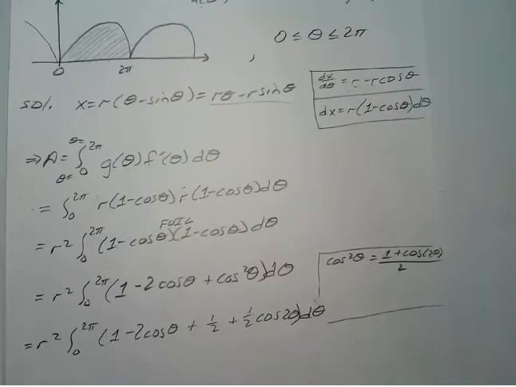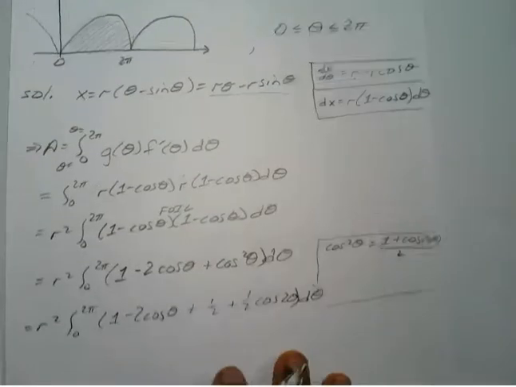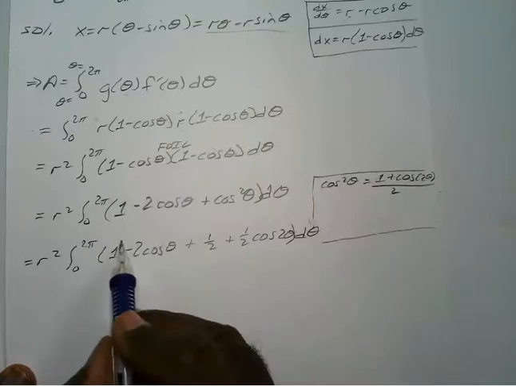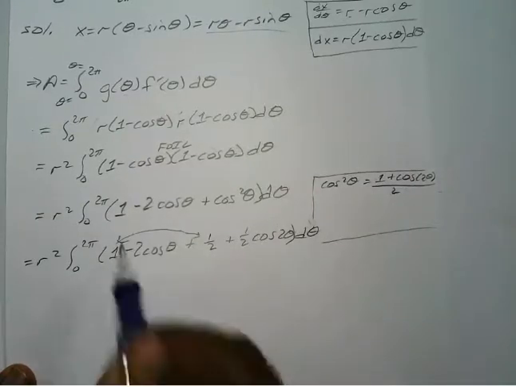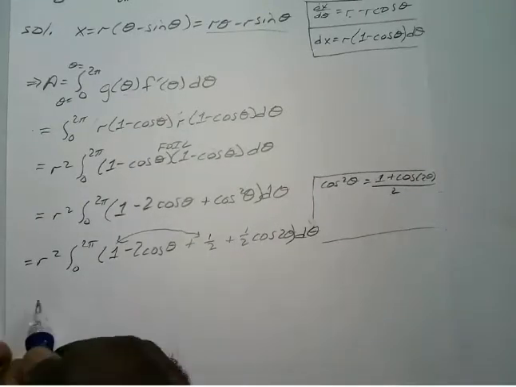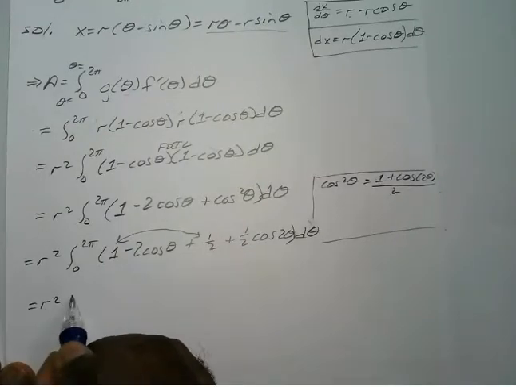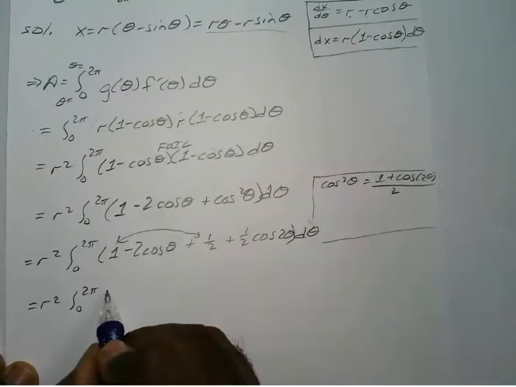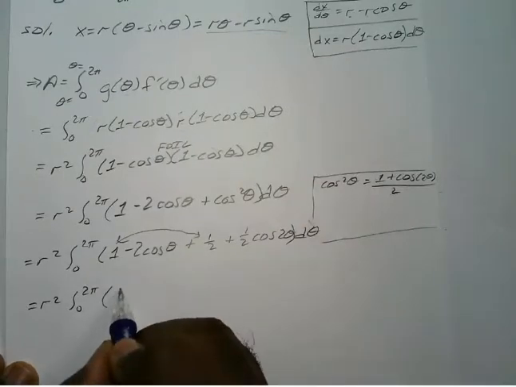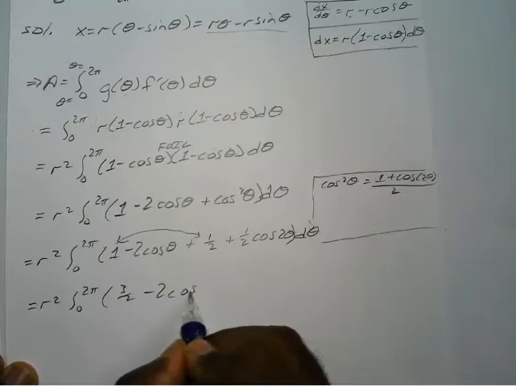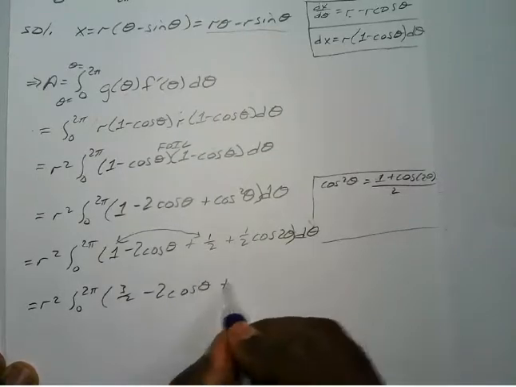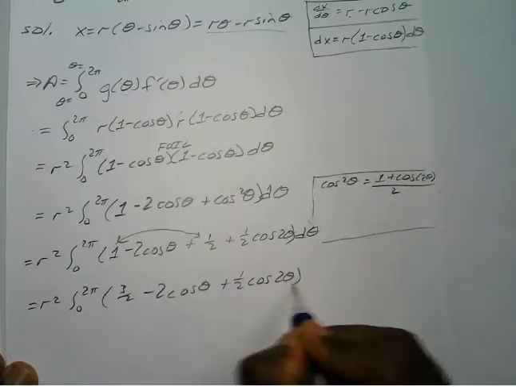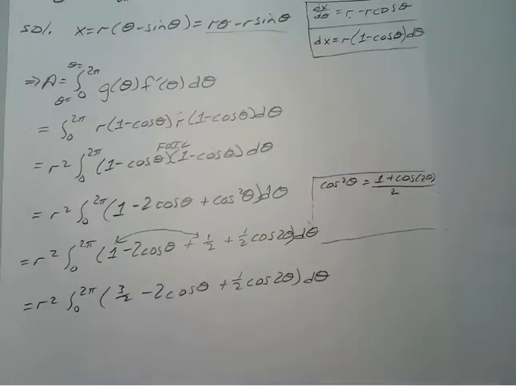Now we can combine those terms. So r squared from 0 to 2 pi becomes 3 over 2 minus 2 cosine theta plus 1/2 cosine 2 theta with respect to theta.